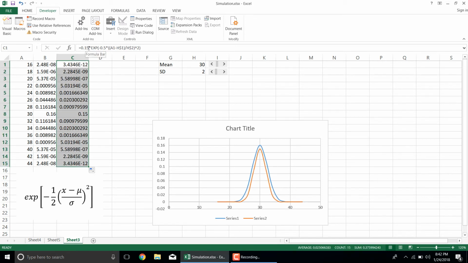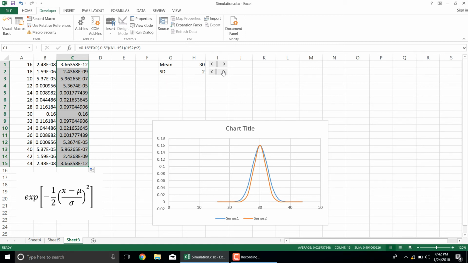It's much better now, but still, let's go one step further at 0.16. Okay, now the maximum points meet.